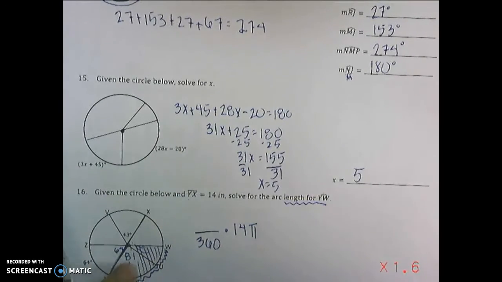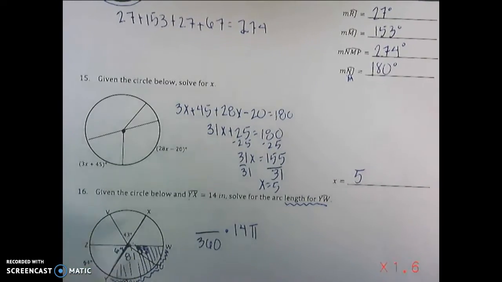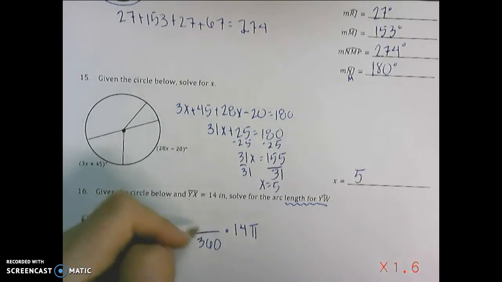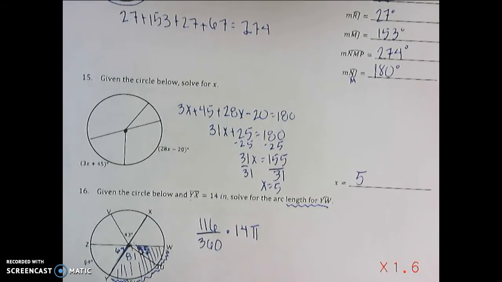So this is a perfect circle. I'm going to subtract these two from 180 and get 35 for that measure. I'm going to add them together, 81 and 35, and get 116. Okay, so now I'm going to multiply these together. Of course, I'm having some issues here.